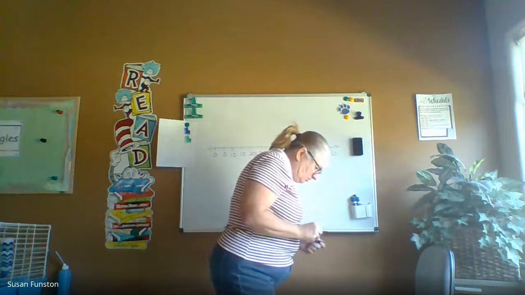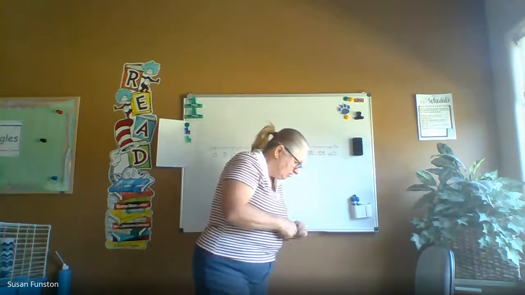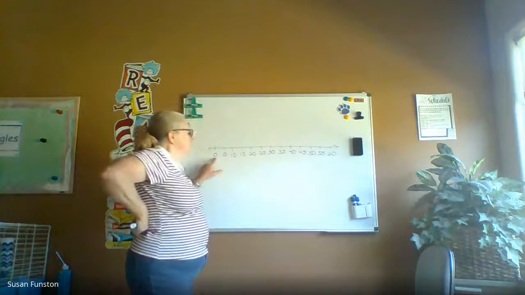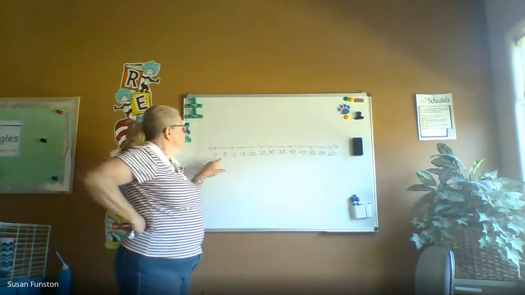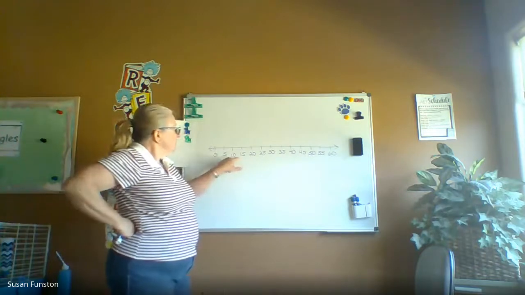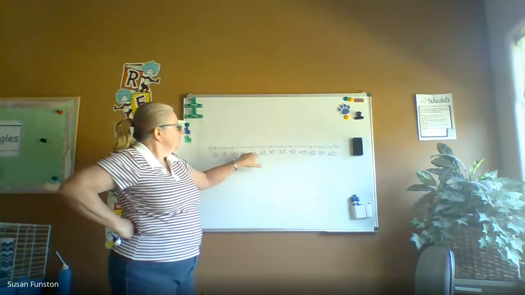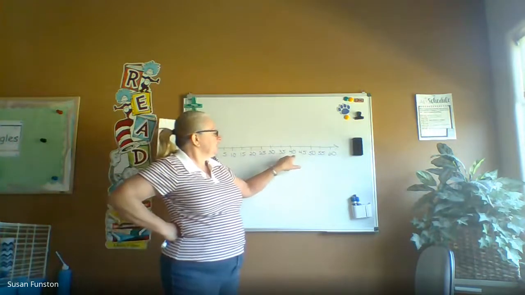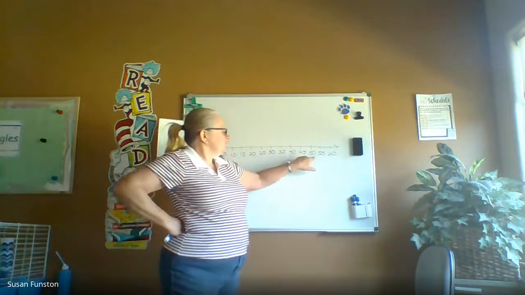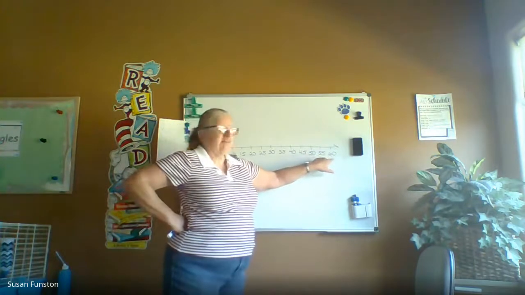Okay, we're going to count by fives, starting at 0. Ready? 0, then 5, 10, 15, 20, 25, 30, 35, 40, 45, 50, 55, 60.